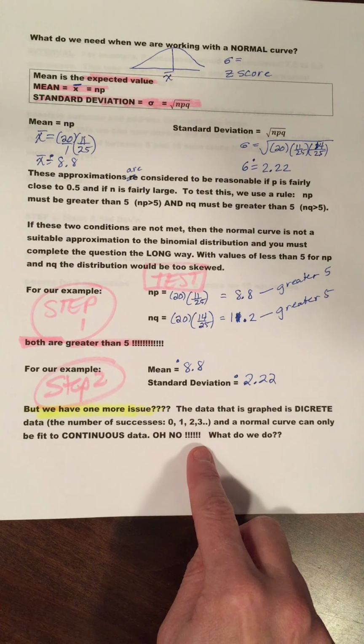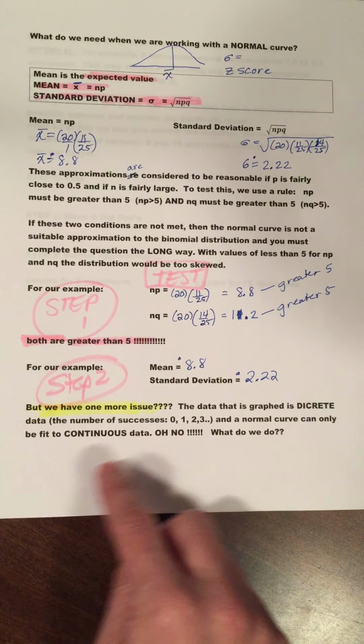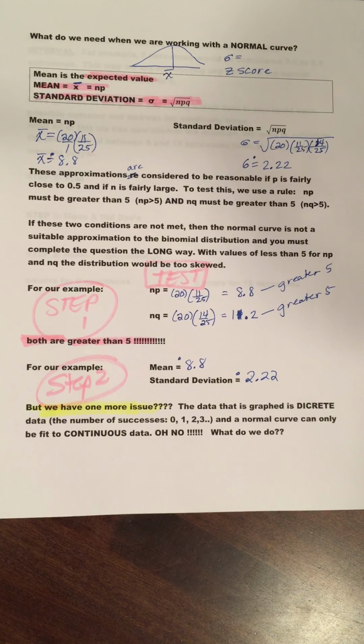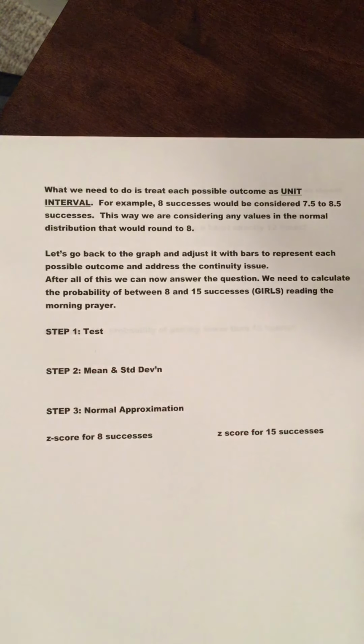However, a normal curve can only be fit to continuous data. Continuous data is decimal data. Oh no, what do we do? Okay, and this is where things get kind of complicated. Let's read and then we'll go back to our picture, okay?